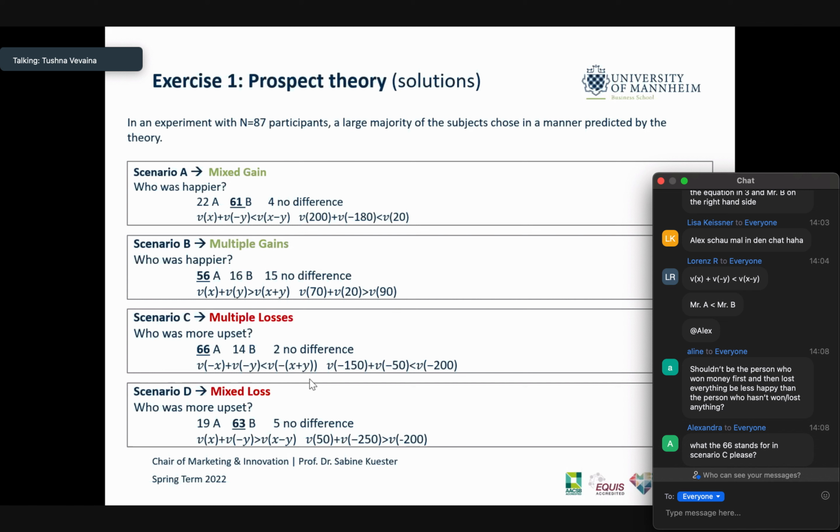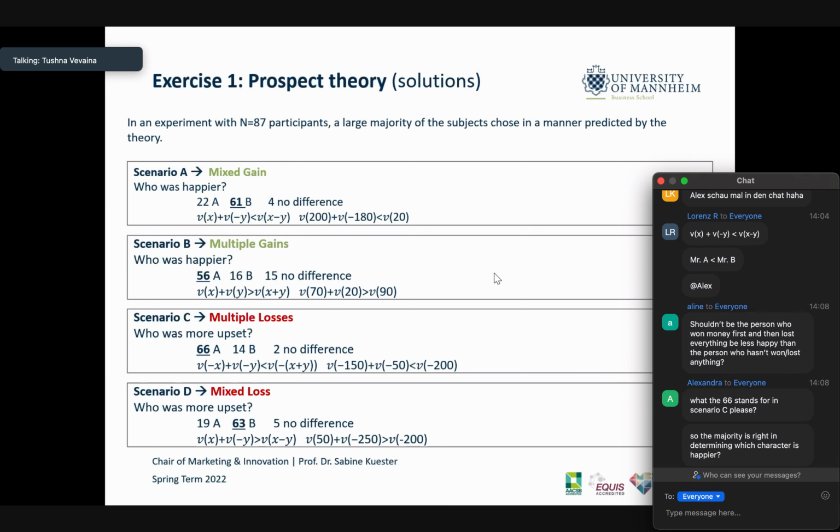But otherwise, everywhere else, we see that prospect theory holds because you see the preferences of people and how it's framed and how it plays out in the minds of people. Hope that answers. Okay. Gi, Evelyn?